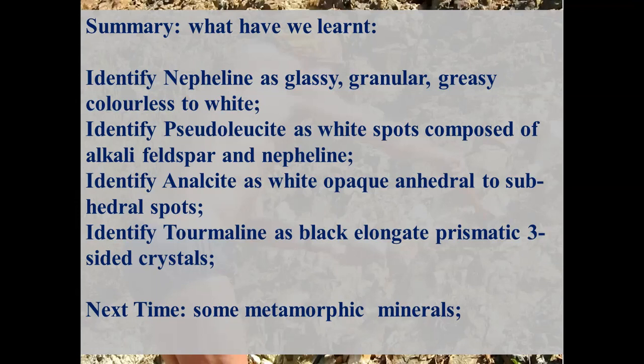The analcite you can identify as this white opaque material, generally anhedral, but it can be subhedral, and it often occurs as spots in these volcanic and minor intrusive rocks of the Paleogene igneous province in the Hebrides. And the elongate black prismatic three-sided crystals will be the tourmaline, which is black. So that's the rundown of the things that we're going to cover tonight.